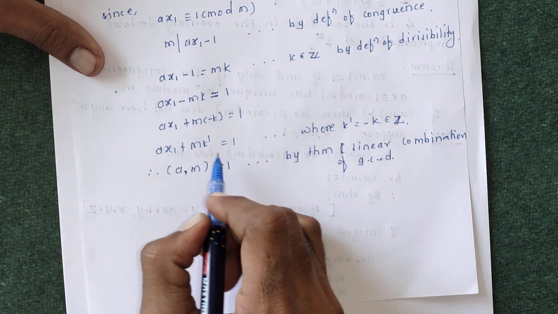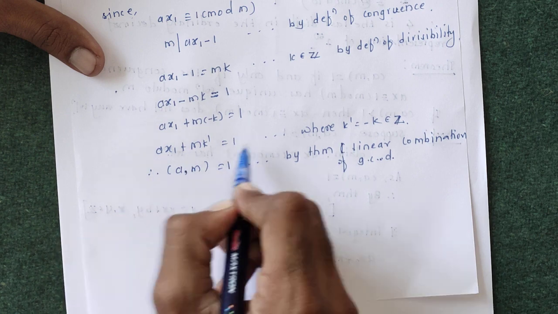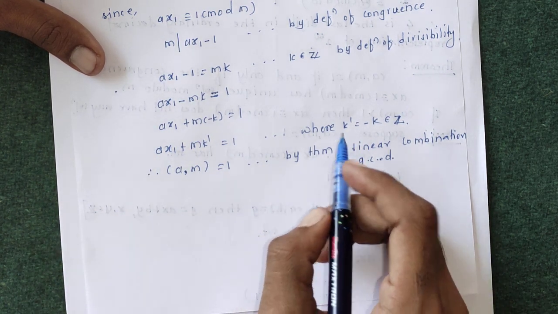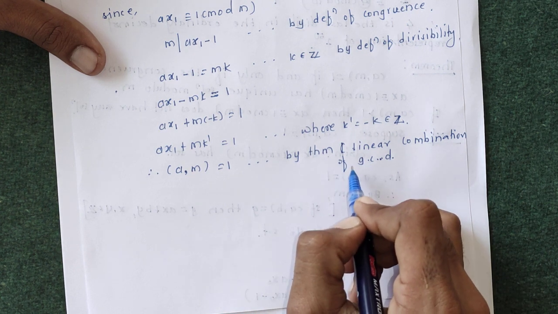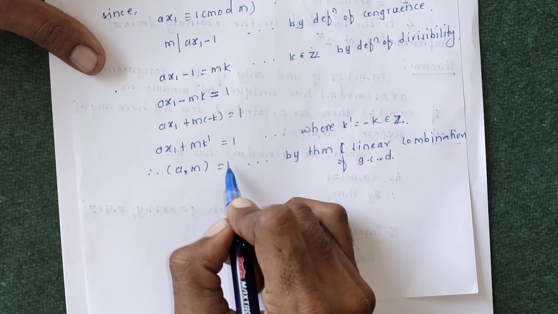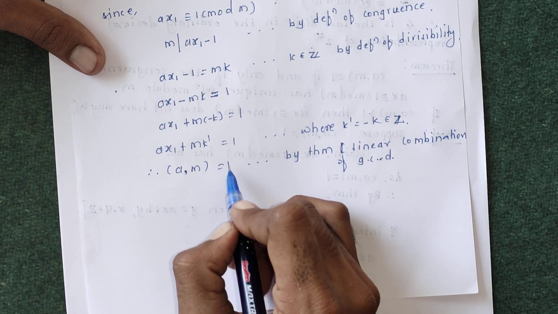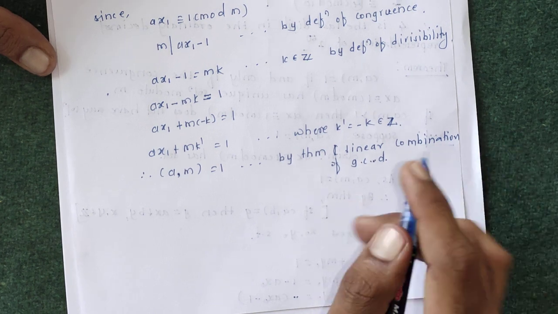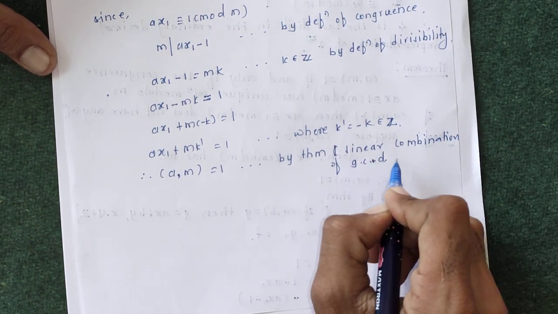If the GCD is not 1, then from this linear combination we cannot use the converse part of that theorem. So this thing must be clear in your mind.